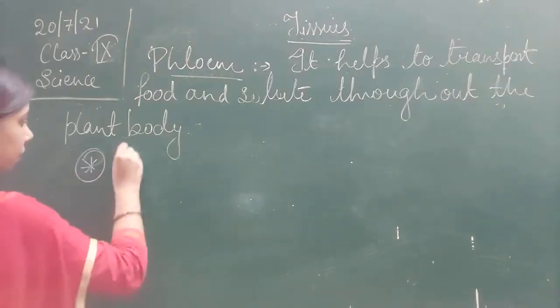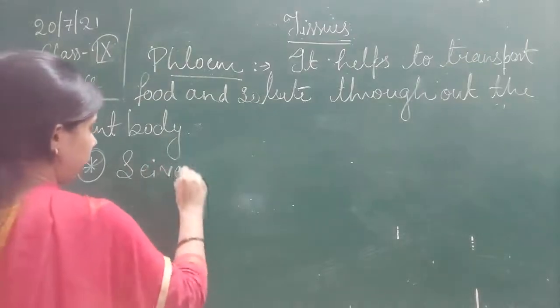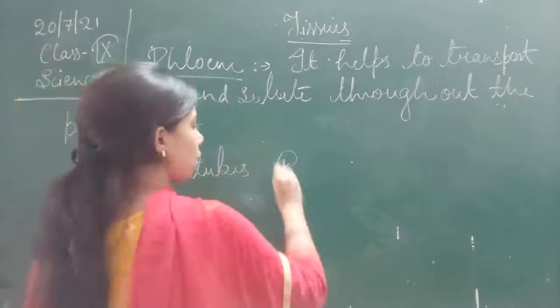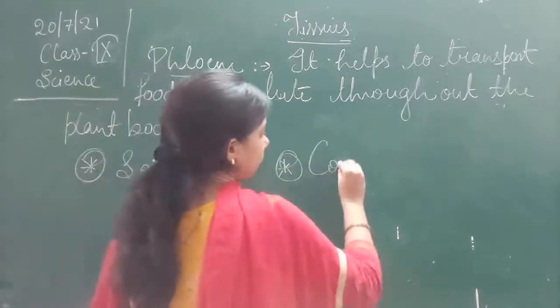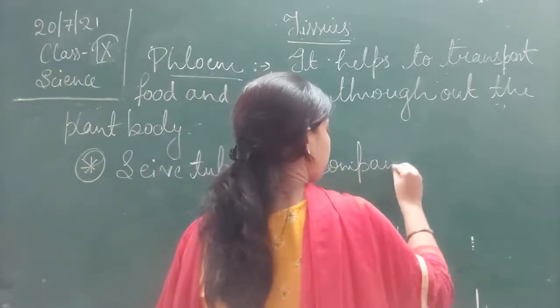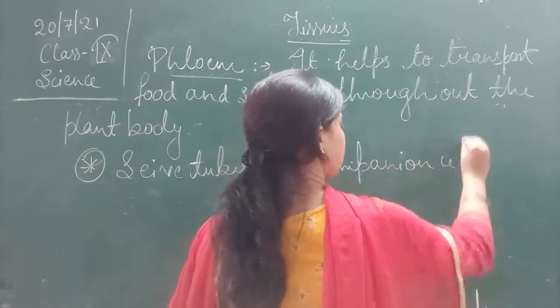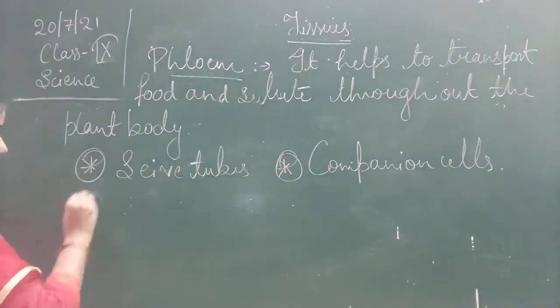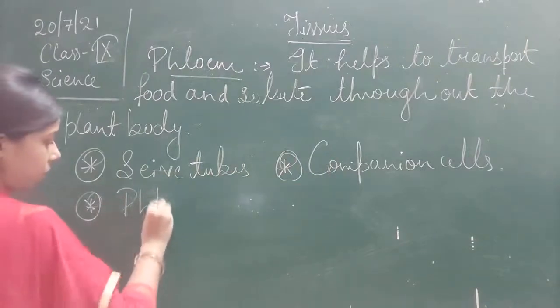The first one is sieve tubes. The second one is companion cell. Then the third one is phloem fibers.